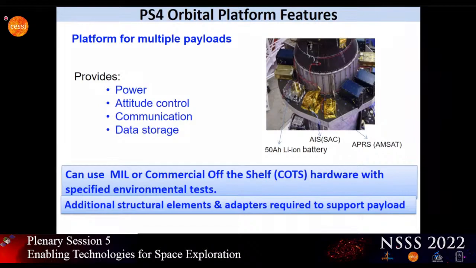So the orbital platform features, in summary, for people to work with: it provides power, it provides attitude control, it provides communication, and it has storage facility. All that you expect from a satellite is provided here. And this shows an example of the payloads and other things mounted in C45.